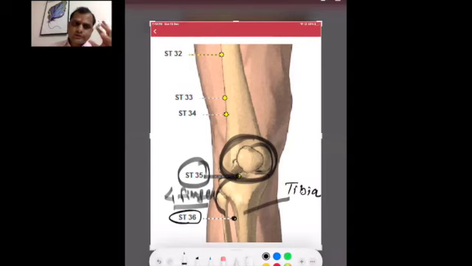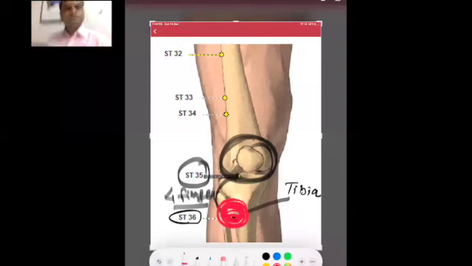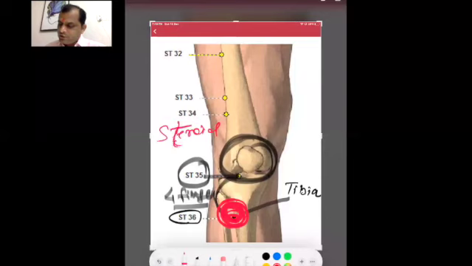So when you are doing the moxa, do not worry about the point, because we are not doing moxa on a single point. We do moxa in this area, this much area. So there is no chance of doing it wrong. This point is called the steroid point because it improves immunity and vitality.